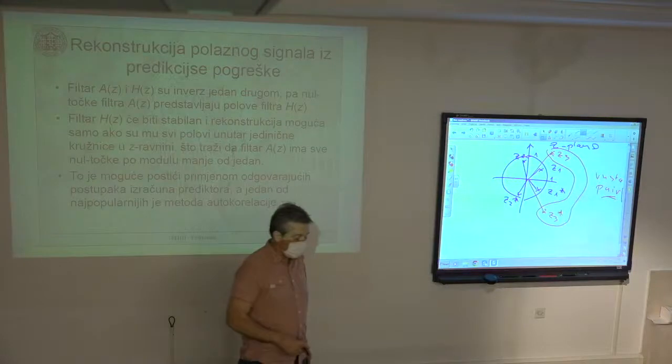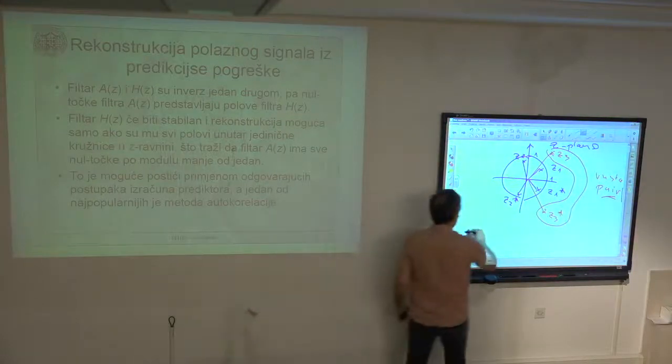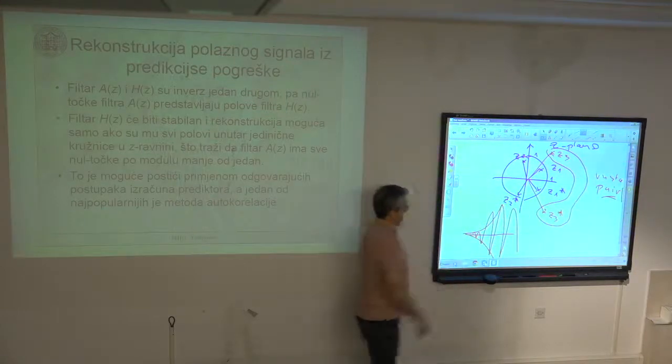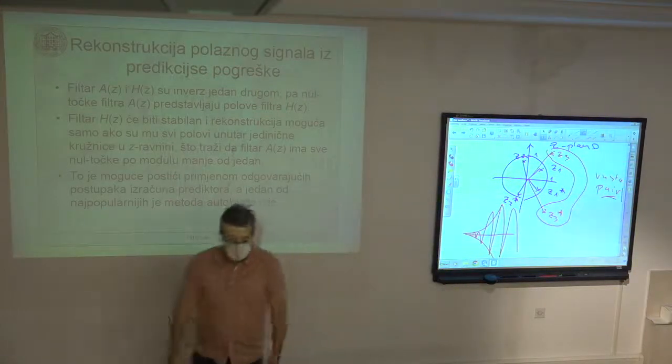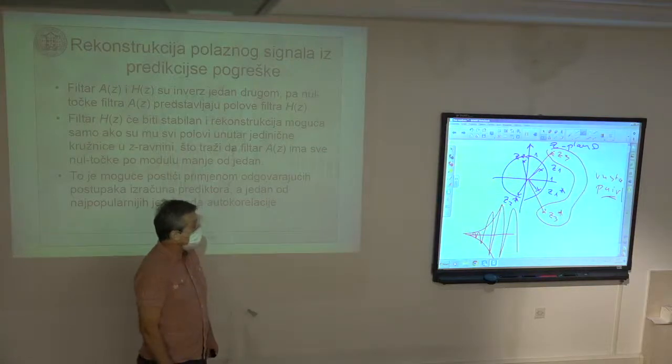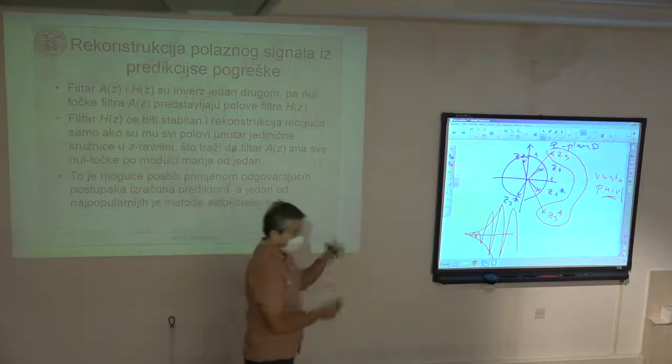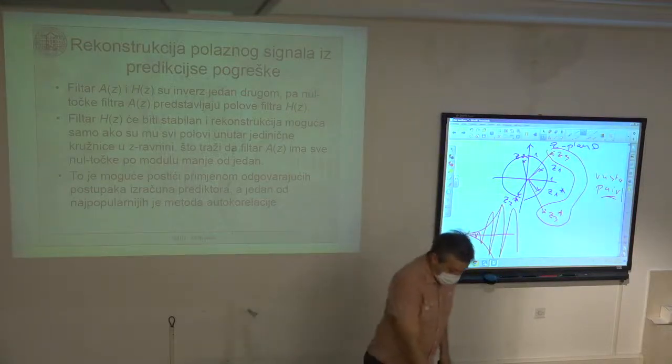It behaves something like this. Okay, so this is the output of an unstable system. So although the excitation is finite, or of finite energy, the output goes to infinity with exponentially increasing value.